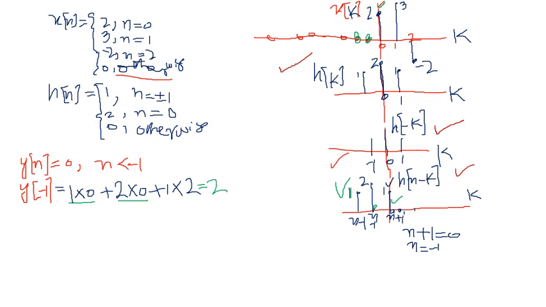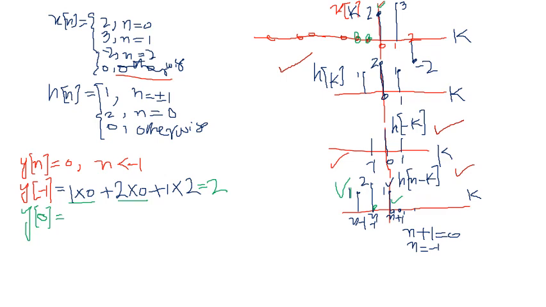Okay, so for y of minus 1 it's already done, so now we move 1 unit to the right. That means y of 0.